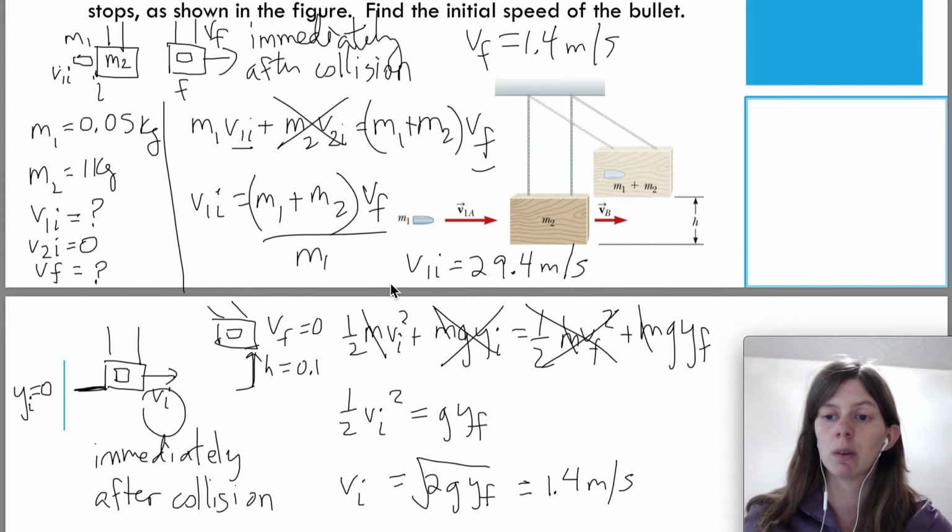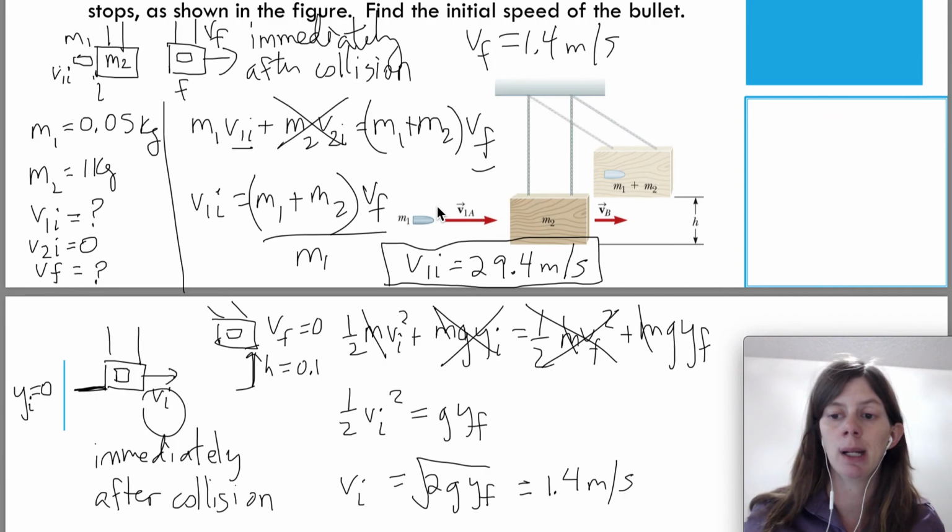So that makes sense. The bullet has to be shot pretty quickly in order to be able to embed into the block and then rise up to a certain height. So this is just an extra example I wanted to do because it does combine momentum and energy, so it's a good review of the two topics.